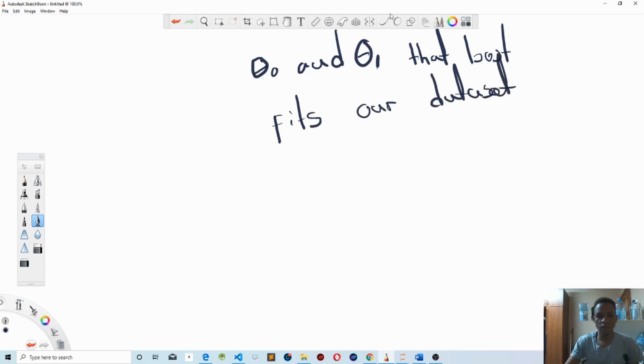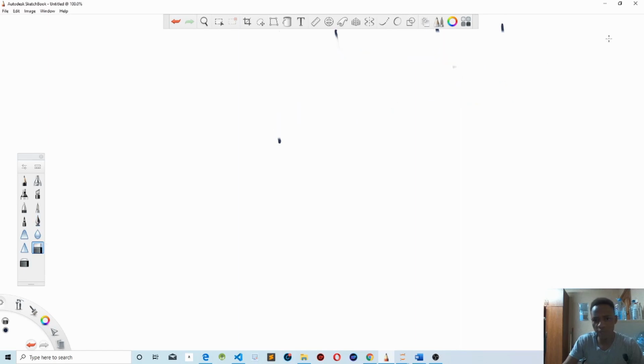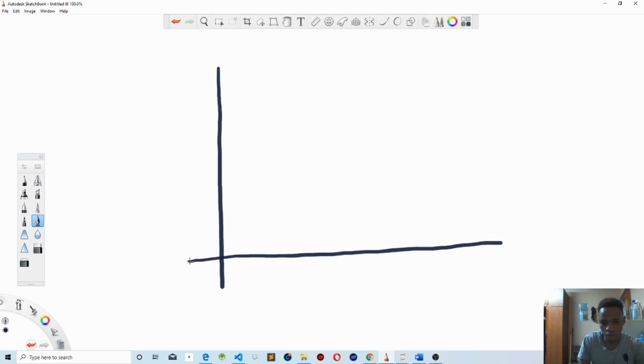So I'm just going to draw an example. If you are familiar with linear algebra from high school, you used to draw a linear regression, something like this.